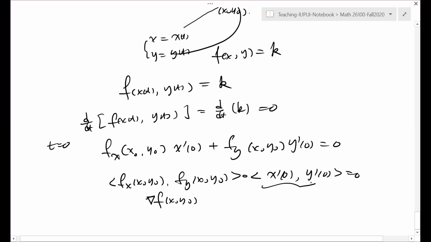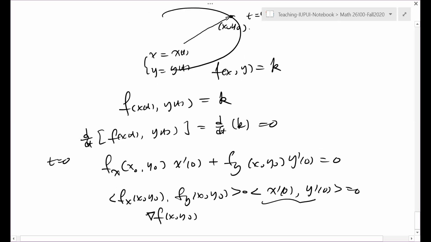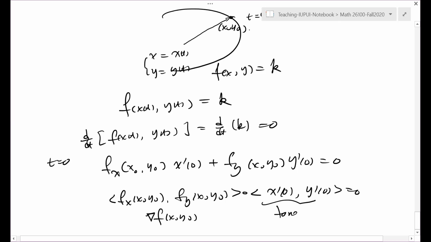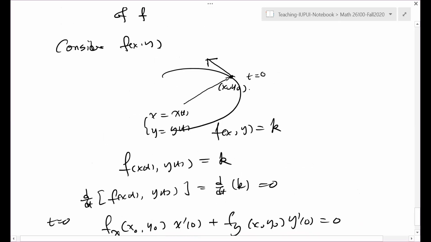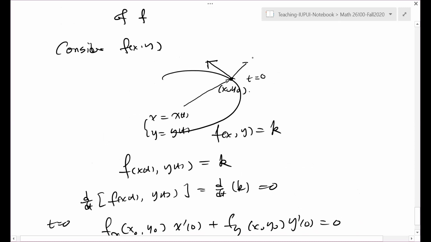Now, what is this vector? This vector is going to be the tangent vector to the level curve. So it tells you those two vectors are perpendicular. If I draw the picture, this is my gradient, and this is a tangent vector.